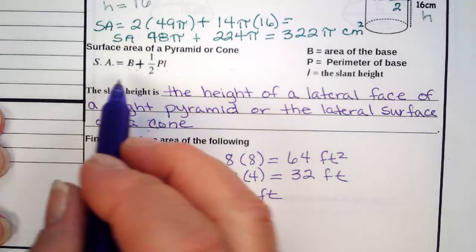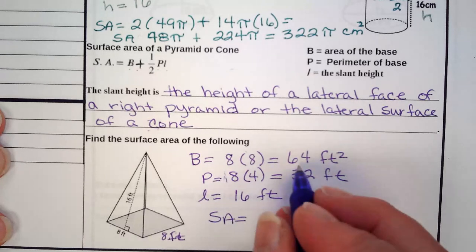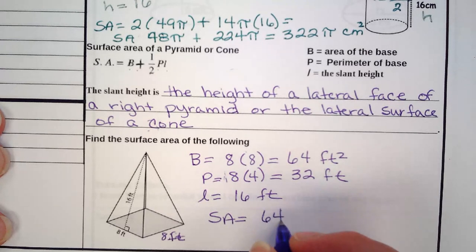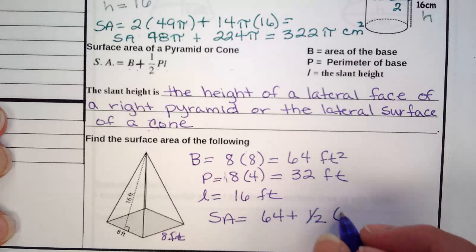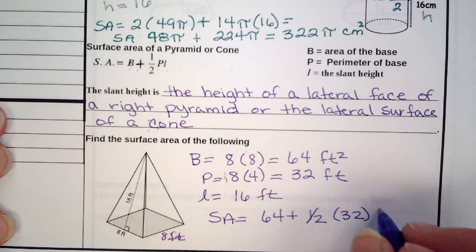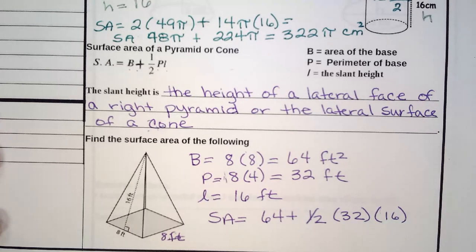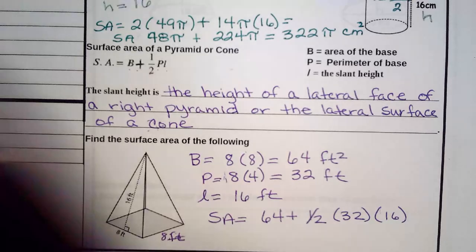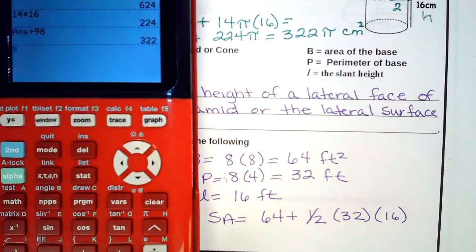Now let's put it all together. Surface area is equal to 64 plus 1/2 of 32 times 16. Instead of using 1/2 in my calculator, I will use the decimal equivalent, which is 0.5.